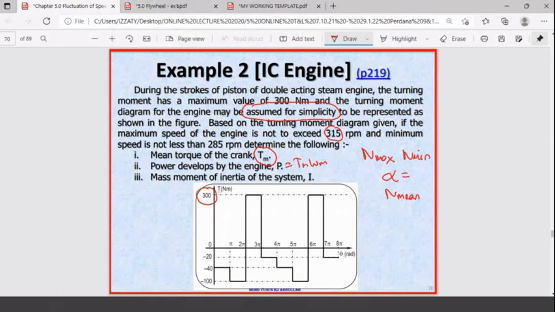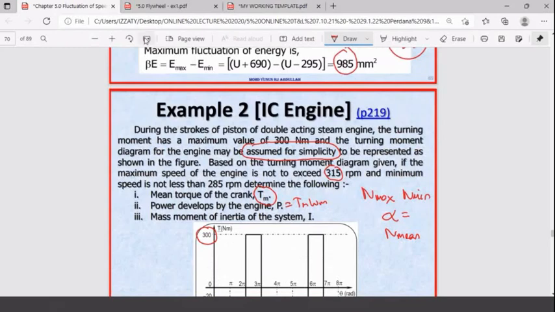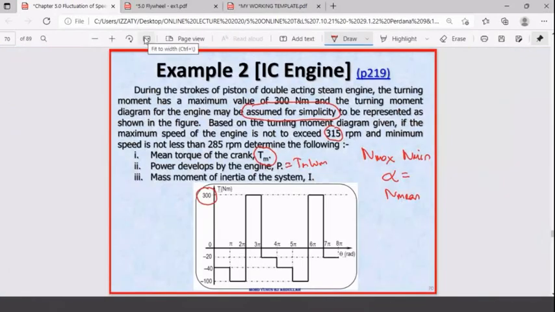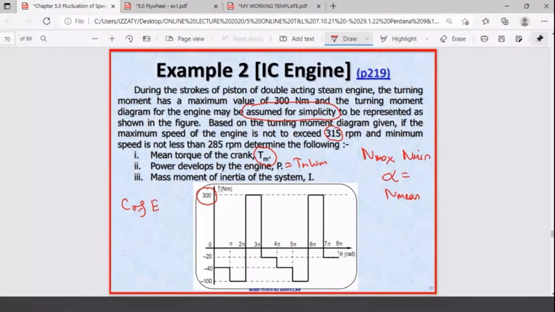Okay, now how to define T min? How to define T min? Listen up very carefully. T min can be defined by using conservation of energy. What is that?